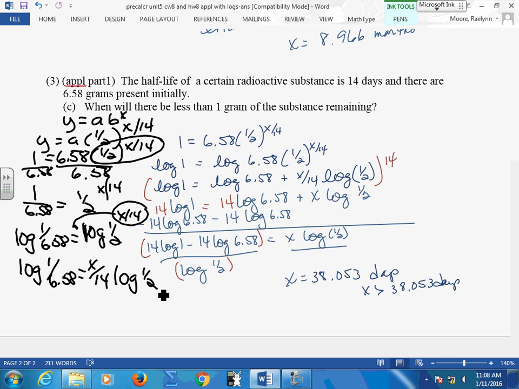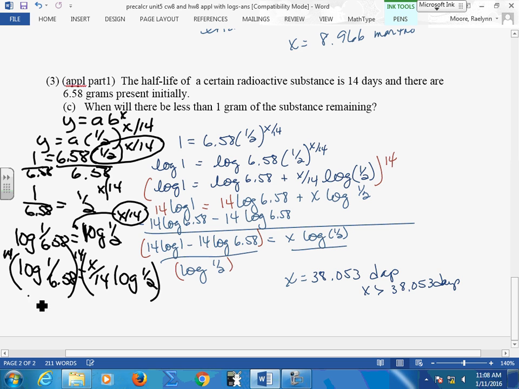That's not a problem. It's not really technically right to leave 6.58 underneath the fraction, but it's okay. I'm not leaving my answer like that. But what's troubling to me is this x. I needed to say x times something. I've got x divided by 14. So how should I get rid of that fraction? Times both sides by 14.